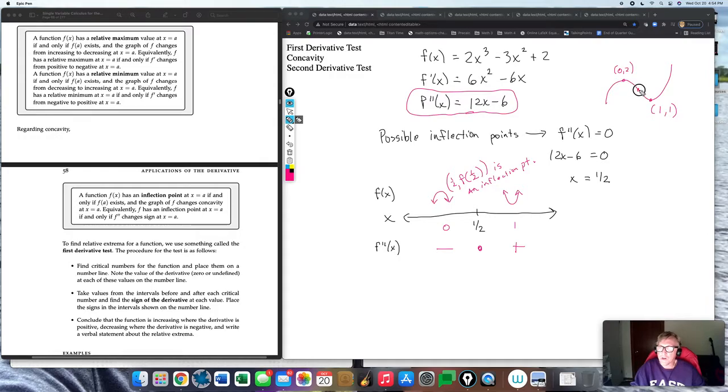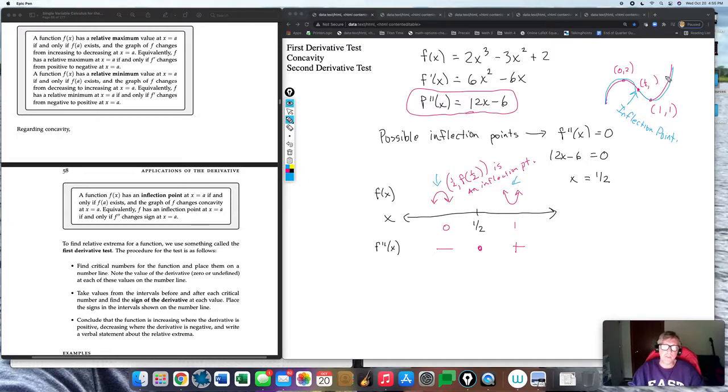Somewhere in here at 1/2, the graph changed from being curved downward, concave down, to being curved upward, concave up. This is called an inflection point, where the concavity of the graph changes.